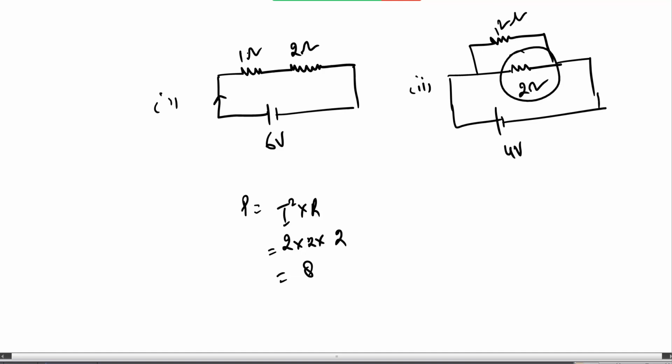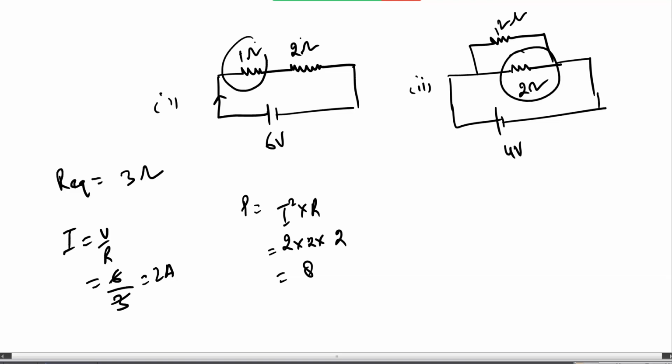So you will take total R equivalent is equals to 1 plus 2 is equals to 3 ohm. And we have I is equals to V by R. Total V is 6 and total R is 3. So you will get 2 ampere.